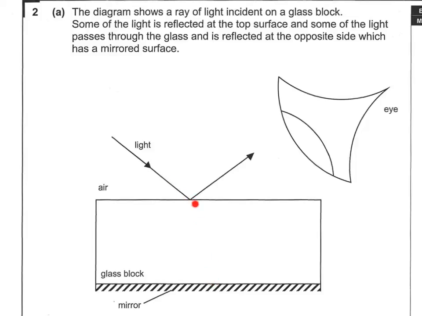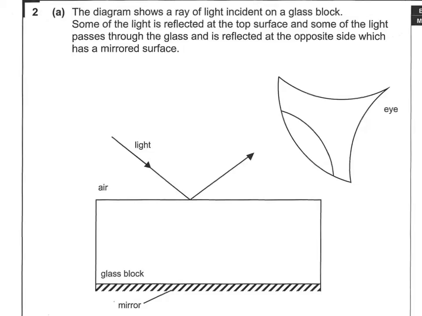Remember, light entering glass slows down and bends towards the normal. It's then going to be reflected, so you've got reflection going on here, and then it's going to leave the glass and bend away from the normal. So bending towards the normal on the way in, so you imagine this is the original direction, it's going to come down a bit from there, be reflected here, and then bend away from the normal on its way out.